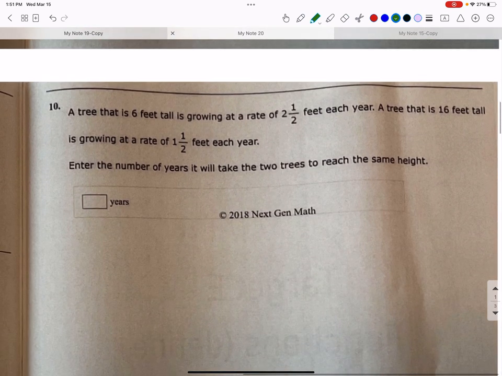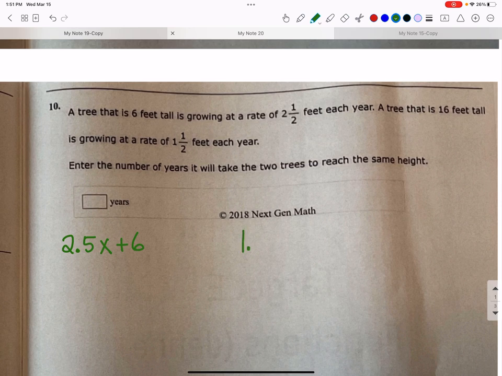All right, and finally, a tree that is 6 feet tall is growing at 2.5 feet per year. So let's see. It's 2.5 feet every year, but it's starting at 6 feet. Okay. A tree that is 16 feet tall is growing at 1.5 feet a year.